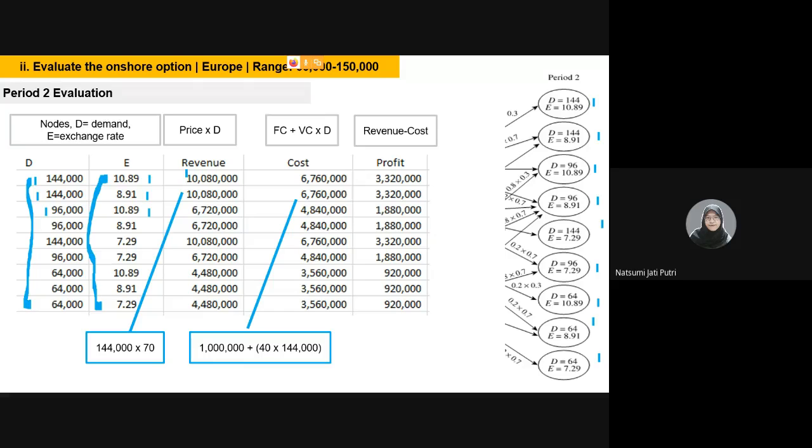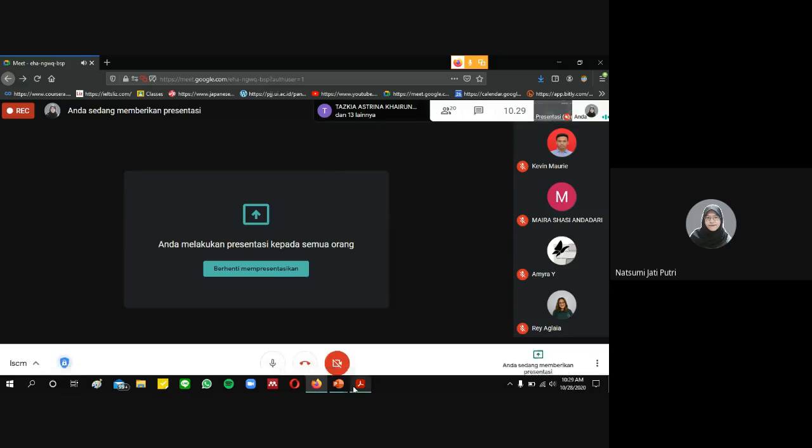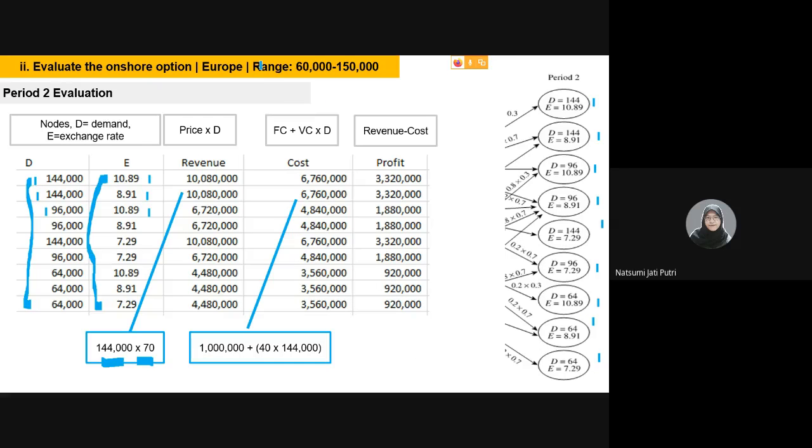And then for the revenue, it is just the demand units here times the price, and we get this number. And oh yeah, the range of production in Europe is 60,000 until 150,000. So each demand here can be fulfilled. So there is no problem with the European plant.